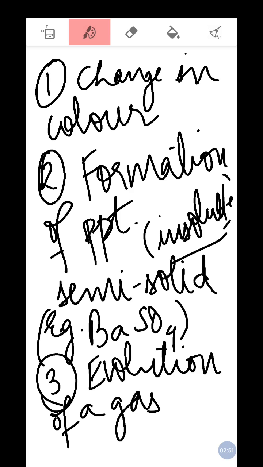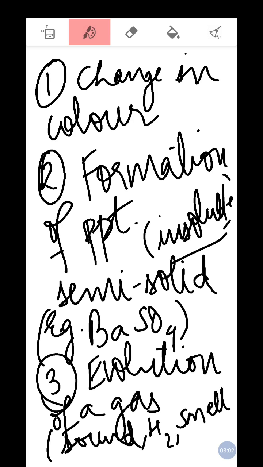So it depends what kind of gas is released. Depending on that, a particular thing will happen, whether a sound is getting produced or a smell. You can smell something. So these are the three indicators.